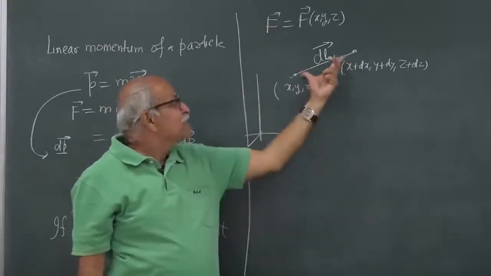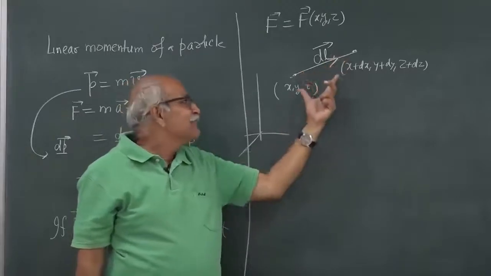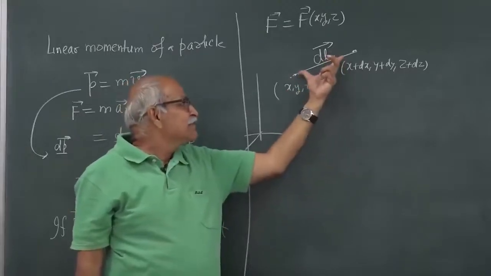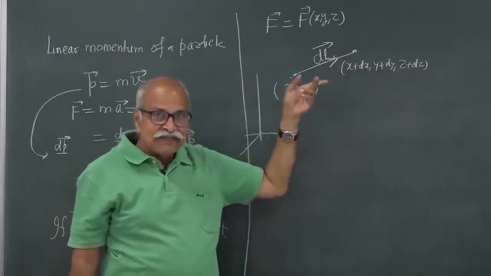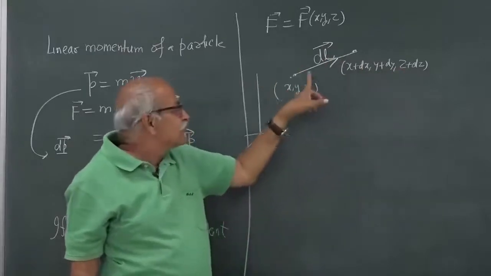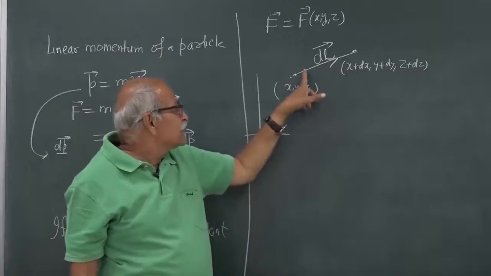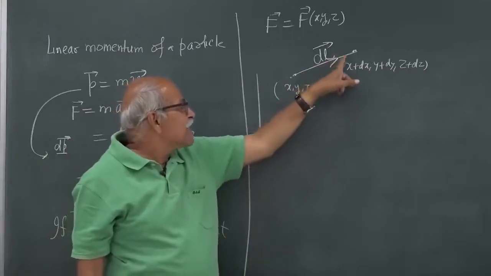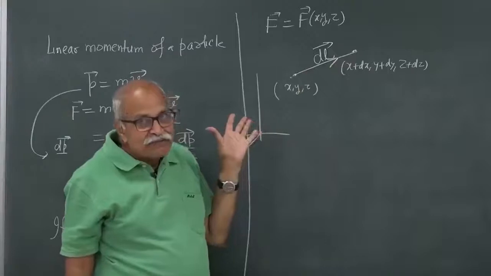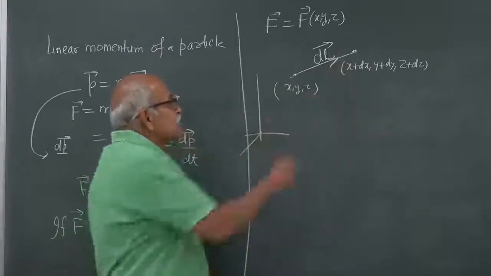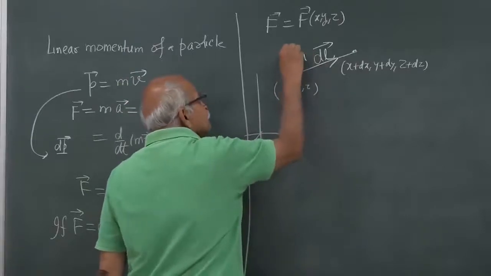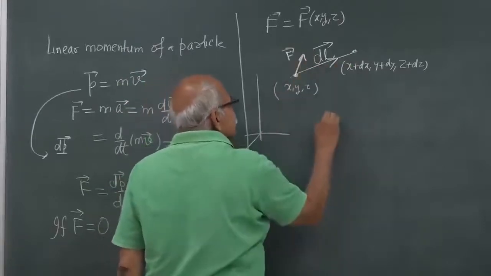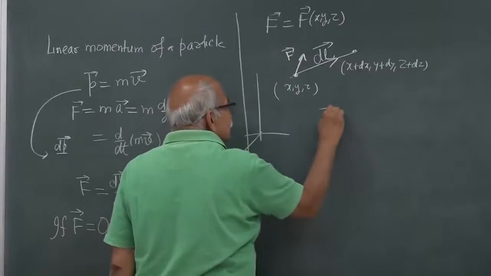If this displacement is infinitesimal, if these dx, dy, dz are infinitesimals, then I need not worry whether the force at this point, this point, this point, varies. I am not worried about that, it is so small. So, whatever is the force here, I can take that as F, and this is dl. You construct this quantity F dot dl.